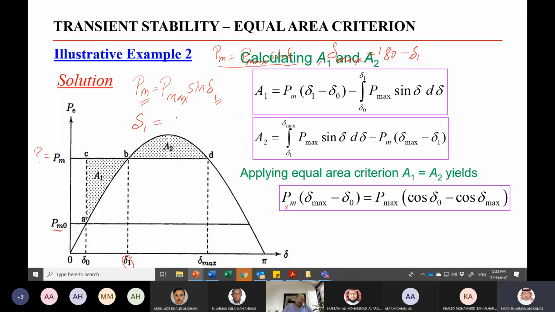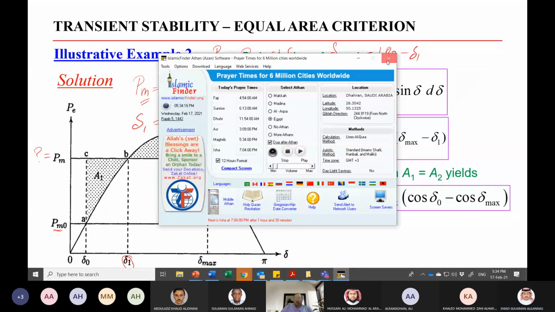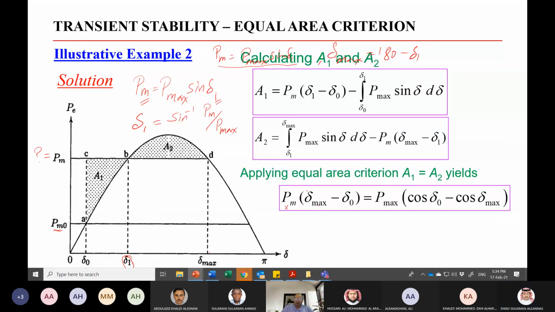You can say delta 1 equal to sine inverse of Bm over B max. Of course, 180 minus delta 1 equal delta max. Right? Yes, Doctor. So delta max is not known, but we have correlation between them.